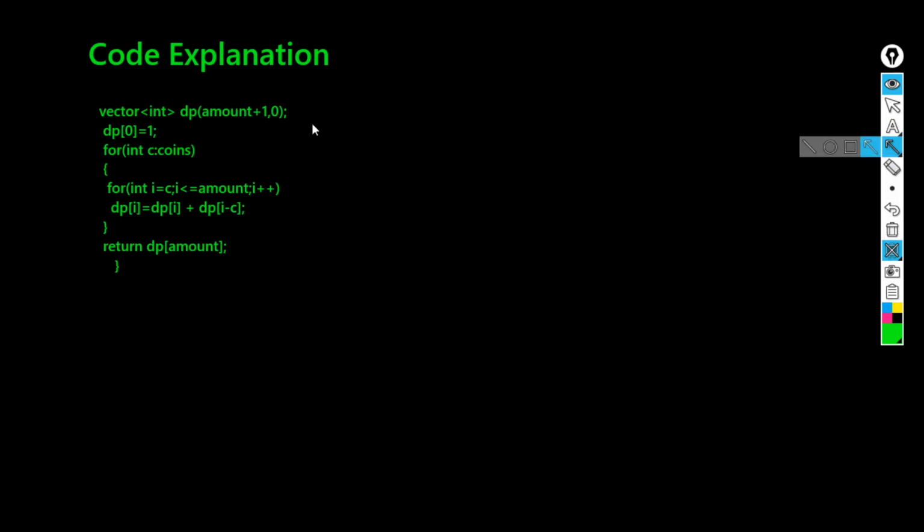So now let's look at the code first. Simple code, the basics. Here I have initialized the vector, initialized the first value as 1, and here I have written the answer. So the main part is there, and this is the formula which I am using. Now let's understand the code properly.